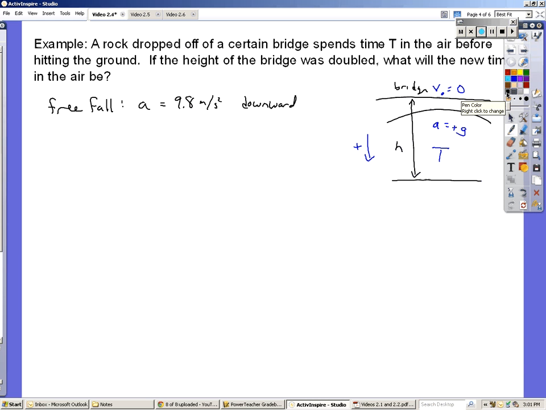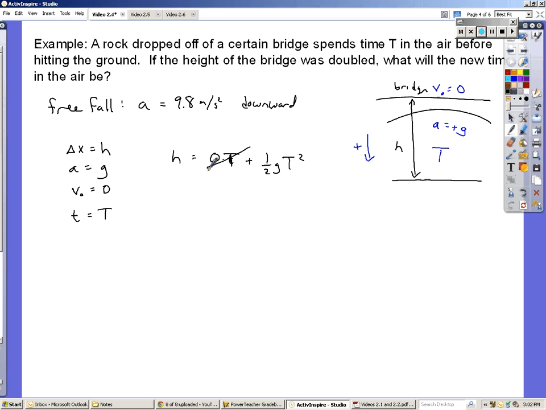The equation that has all these in it is the second kinematic equation. Delta x equals h, a equals g, v naught equals 0, and time equals capital T. So we say h equals 0 times t plus 1/2 g times t squared.